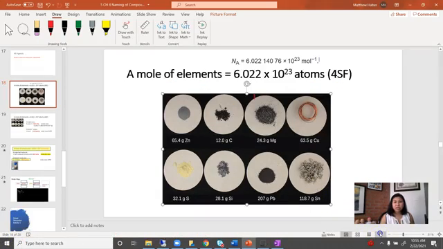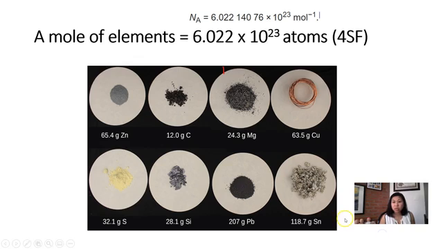So who is responsible for choosing this really bizarre number? Why is a mole not a whole or fixed number like a dozen has 12 eggs? Why is it such a weird or random number? The person behind this is actually Amadeo Avogadro.